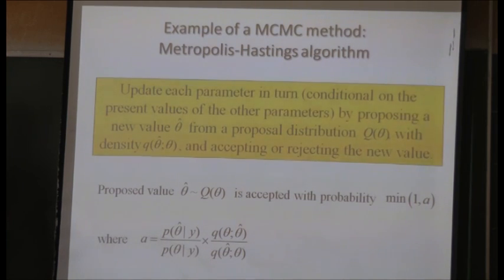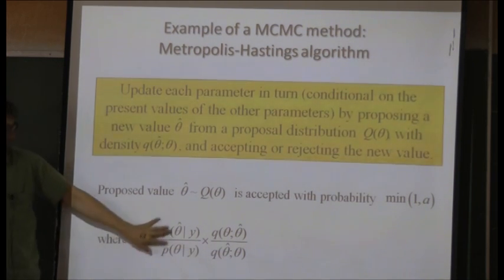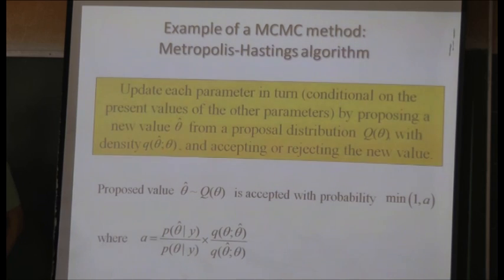Okay? So you are kind of climbing up this likelihood surface. If you propose a better value, then you accept it. But sometimes you also go down. I mean, this is different from maximum likelihood in the sense that you don't just search where the peak is, but you sometimes accept a lower value.